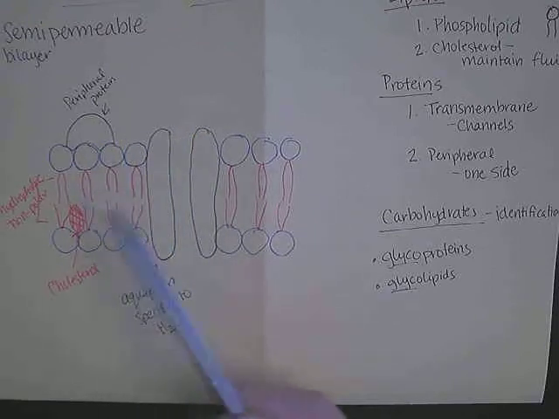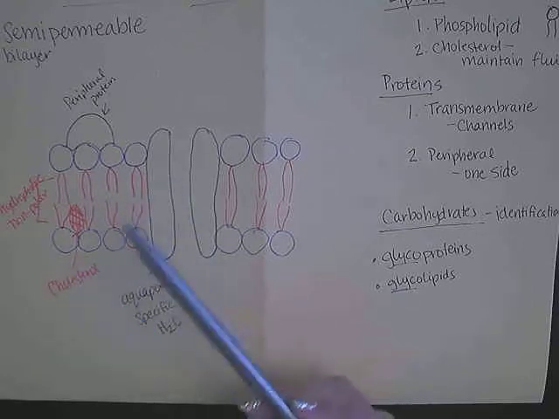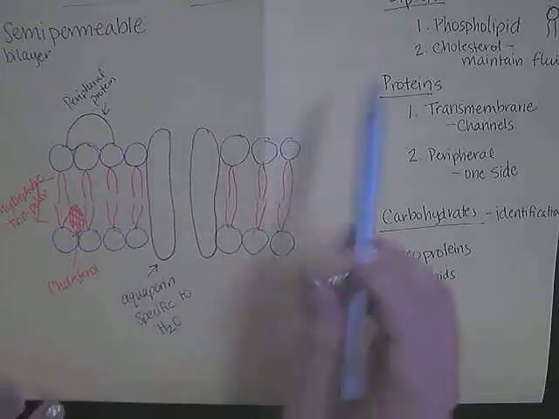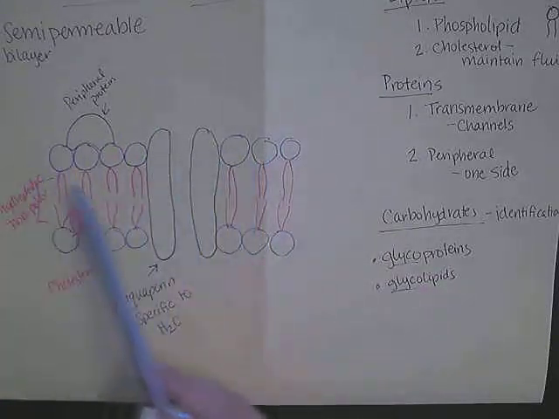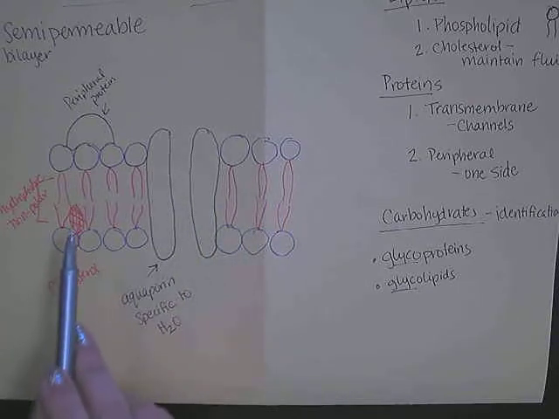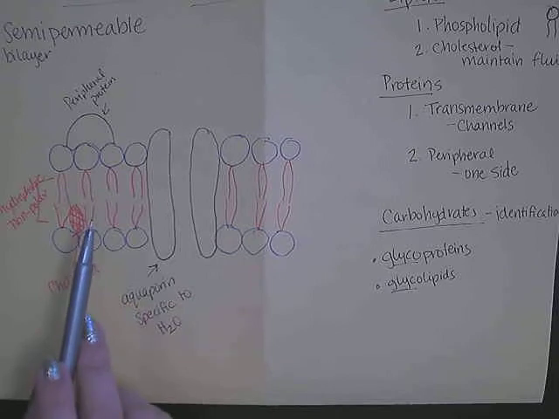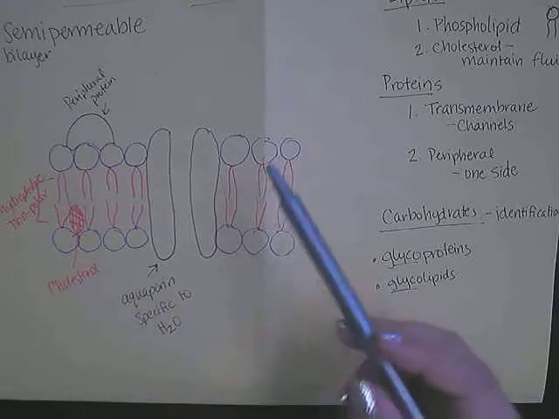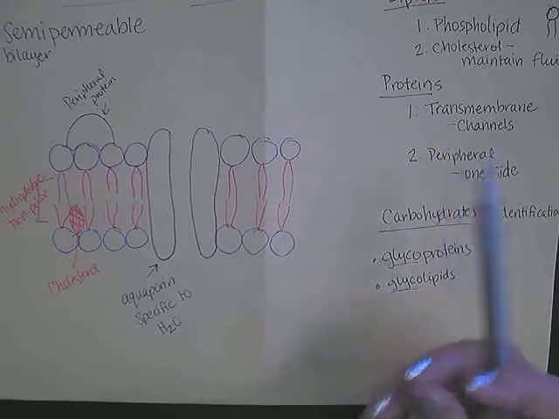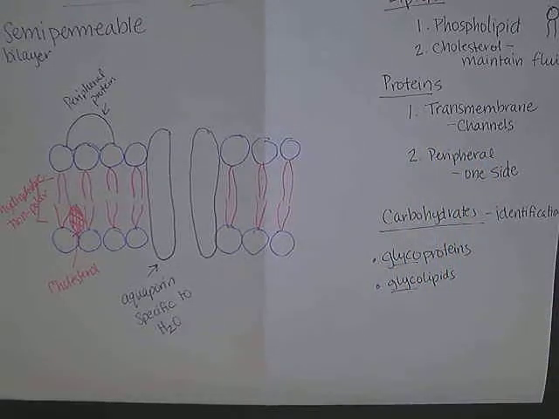Remember that your membrane does need to be fluid. It does need to have a certain consistency to allow these protein channels to move, to allow the shifting and changing of your plasma membrane, and so that cholesterol will help to maintain the correct, what we call fluidity. It should be flexible, and if you were to feel a plasma membrane, it should feel something similar to olive oil.